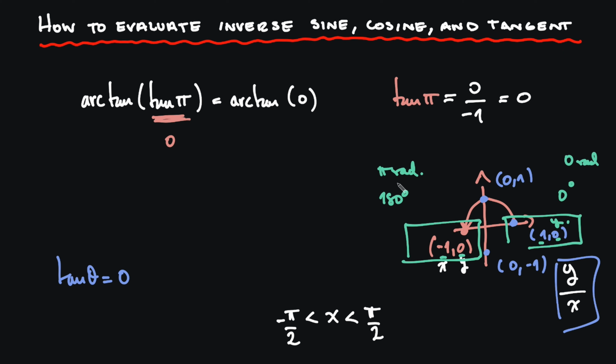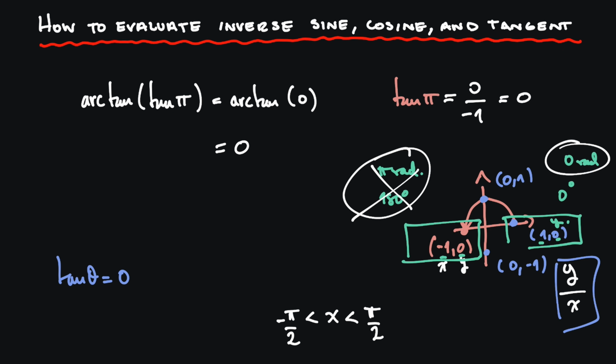And pi is greater than pi/2. It's not in between, so this one doesn't work. It must be 0 radians, because 0 radians is between -pi/2 and pi/2. So the arctangent of tangent of pi must be equal to 0. There's no other option after all that analysis.